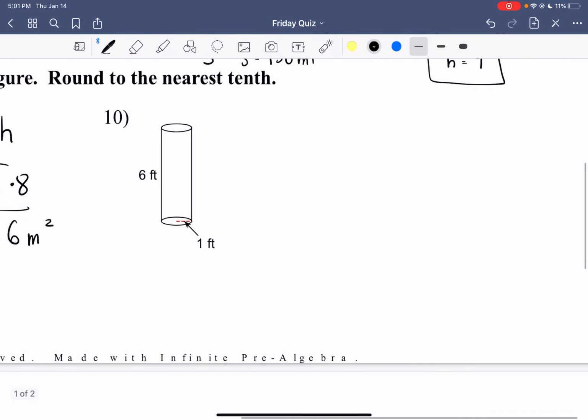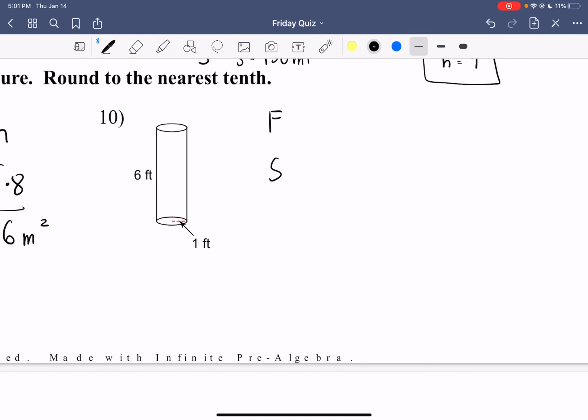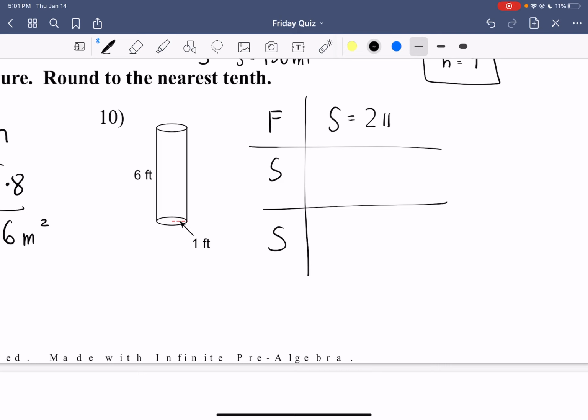And number 10, we have formula, substitute, solve. We're finding lateral surface area of a cylinder. So we have surface area equals 2 times pi times radius times height. So we have our radius is 1 and our height is 6.